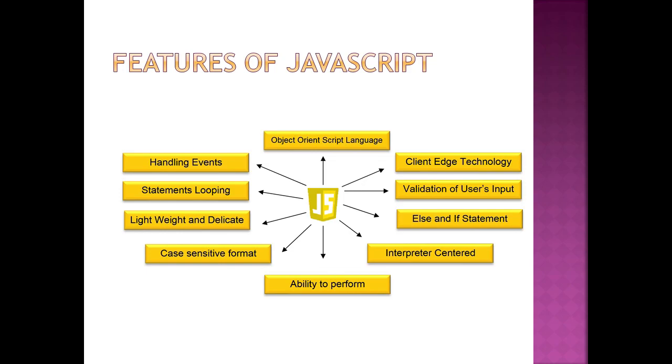It is also client-side technology, validation of users' input, else and if statement, interpreter-centered, ability to perform inbuilt functions, case-sensitive format, lightweight and delicate, statement looping, and handling events. So those are the features of JavaScript.